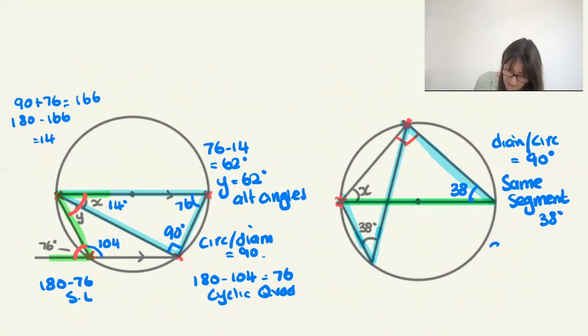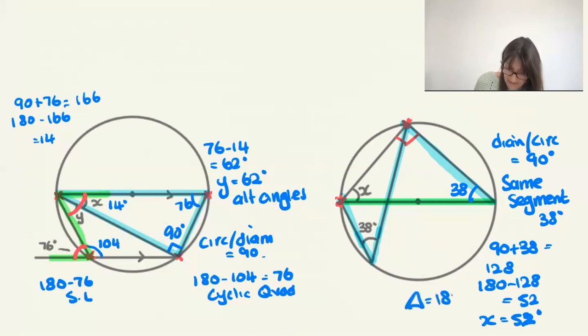And now I'm going to do 90 plus 38, which is equal to 128. Do 180, take away 128, and I've got 52. So X is equal to 52 degrees. And all I used to finish that off was triangles add up to 180 degrees.